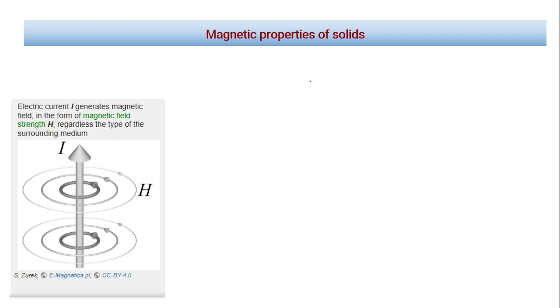Usually the magnets that we see around us attract certain kinds of material, not all material, and then we say that there's some sort of interaction between that material and other material.